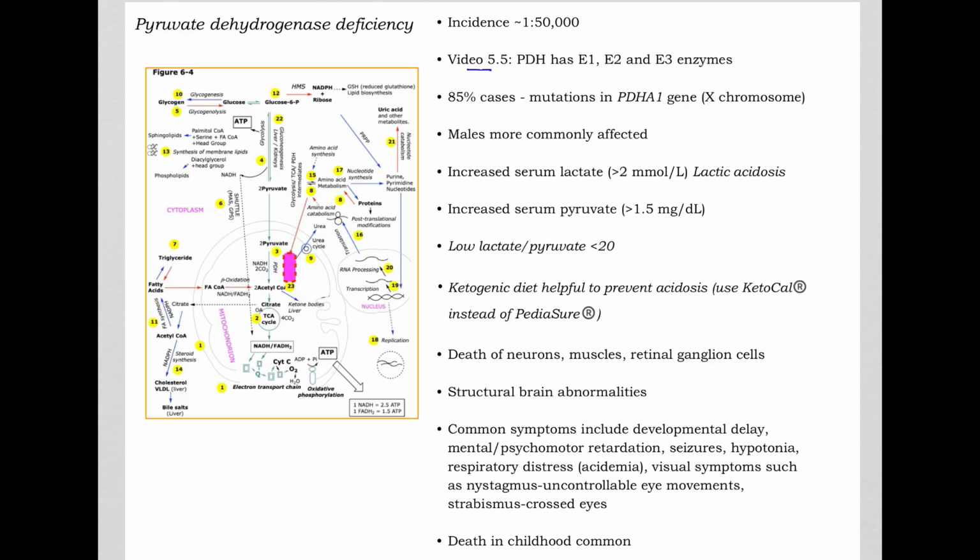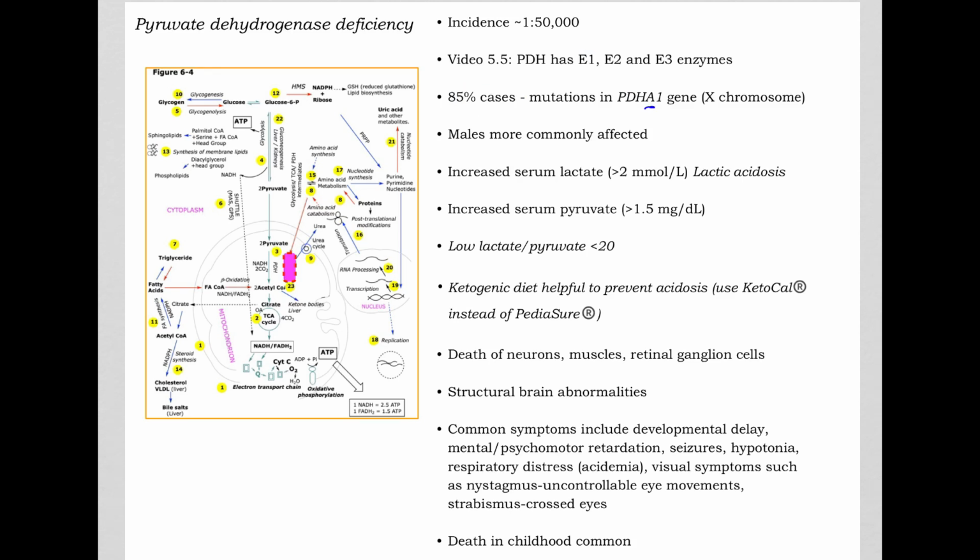Recall from video 5.5, PDH is a complex enzyme composed of E1, E2, and E3. Most patients with PDH deficiency have mutations in the PDHA1 gene. This is a mutation in the gene that encodes the alpha subunit of E1.